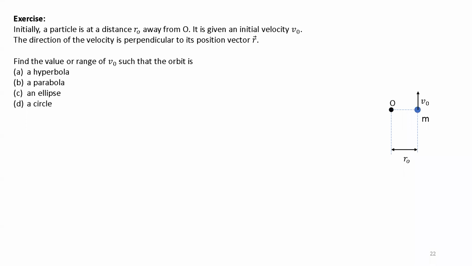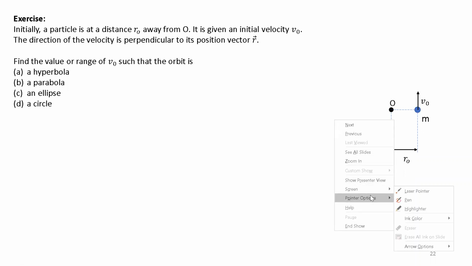Okay, so here is an exercise problem that I would like you to spend a few minutes to think about. What this says is that I have a particle over here initially with some initial velocity v naught, and it is at a distance r naught away from the source of the central force.